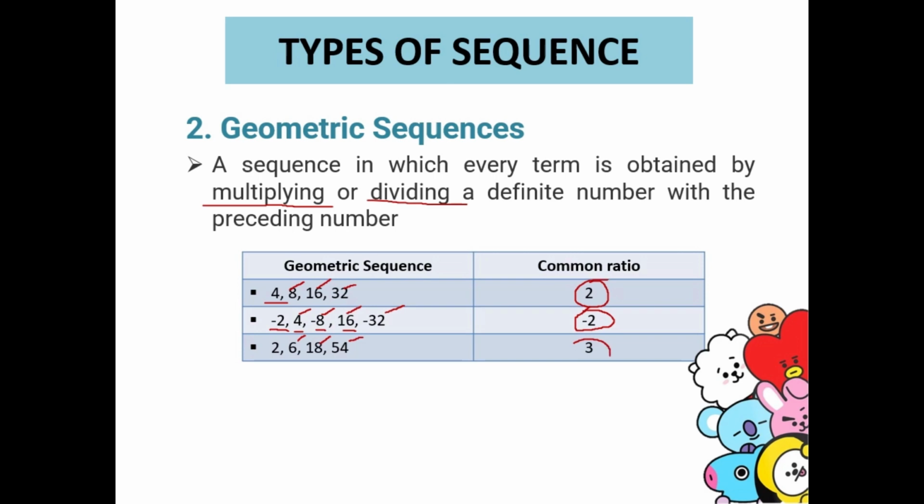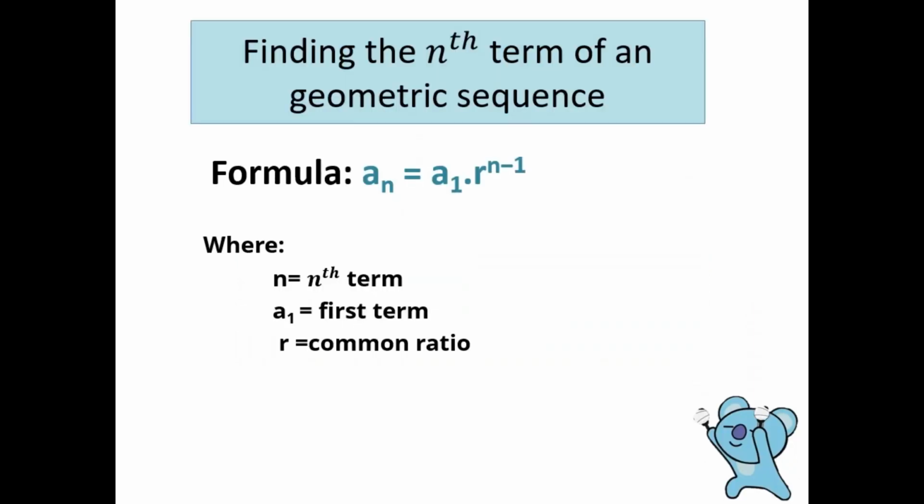And that's why the common ratio is 3. And these are just examples of geometric sequence. Let us try solving the value of the nth term of the geometric sequence, and we will follow again a different formula for that. As you can see here, finding the nth term of a geometric sequence.